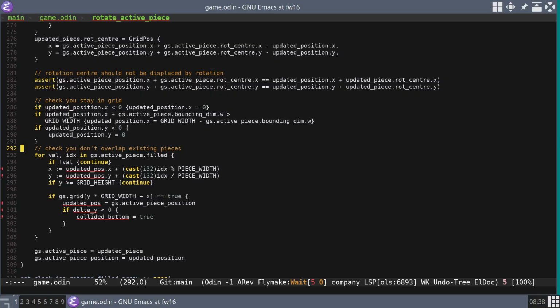Once we've done that, we would like to say, do you overlap? So this is actually going to be updated piece, which does not live on game state, it's a local. If it's not filled, we don't care. I might do some refactoring on this in a second.